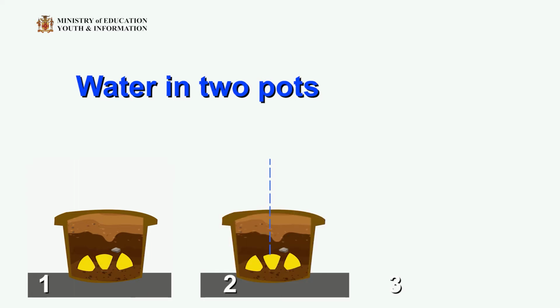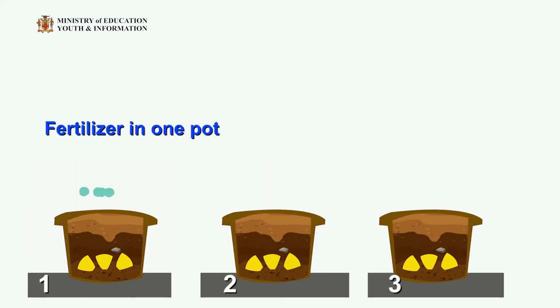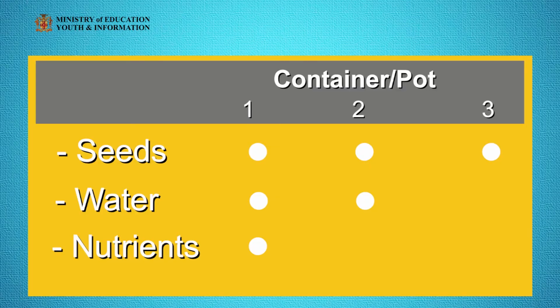And finally, what would happen to our 3rd container? Would we add water? Well, if we're checking to see if plants can survive without water, then for our 3rd container, we would not add water. Why are we doing all of these things?